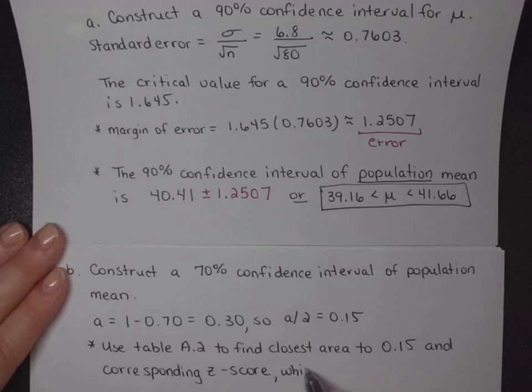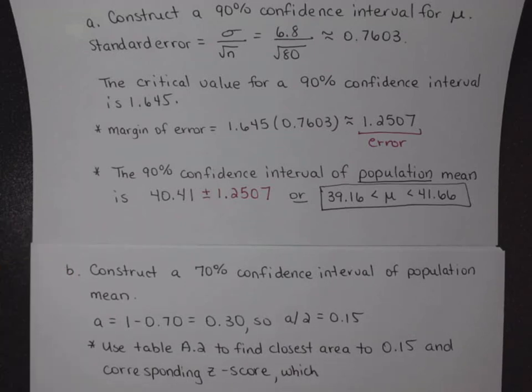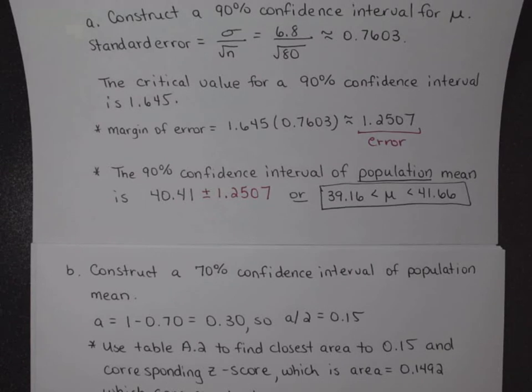Okay, so the closest thing to 0.15, if we look at our chart, looks to me to be 0.1492, which corresponds to a z-score of 1 point, and it's on either side, so the negative is kind of unimportant since it would be on the positive and the negative side.